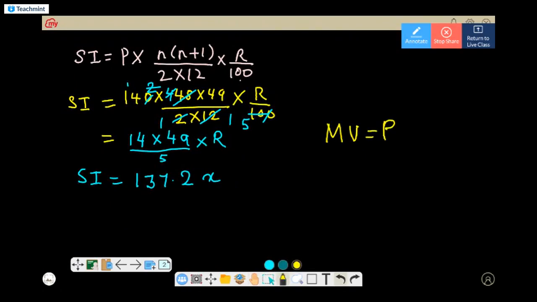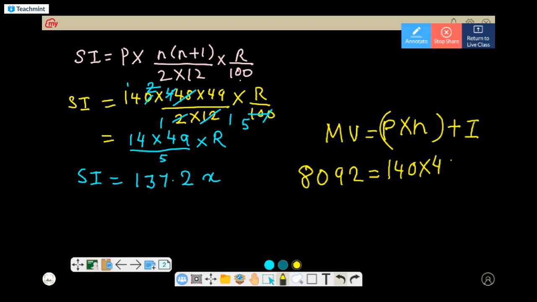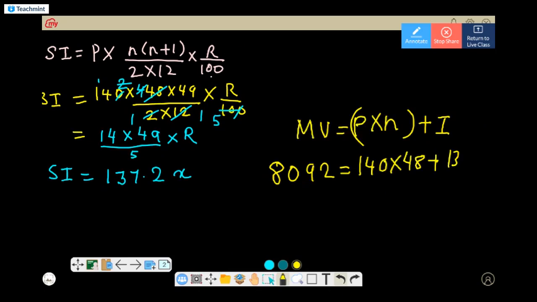MV is P into N plus the interest. MV is already given to you, that is 8092. P is 140 into 48, and add the interest, which is 137.2x.